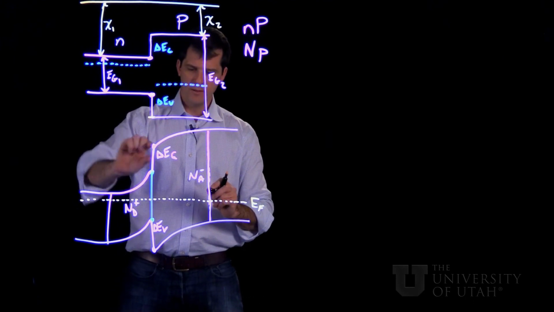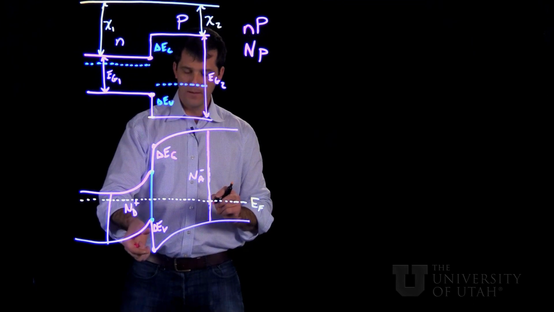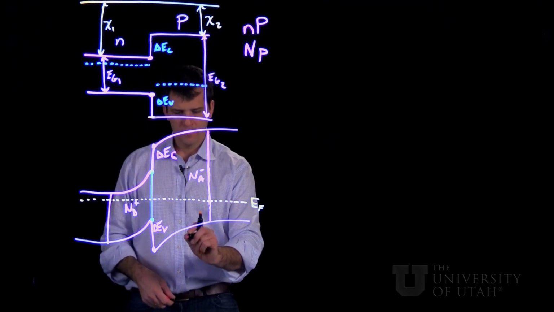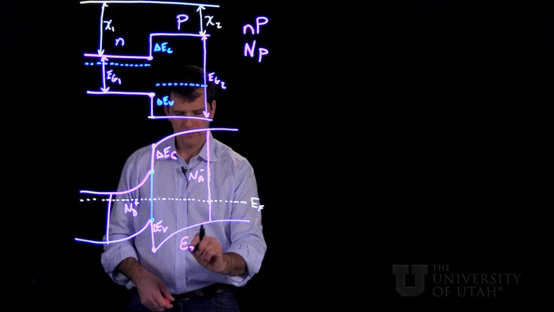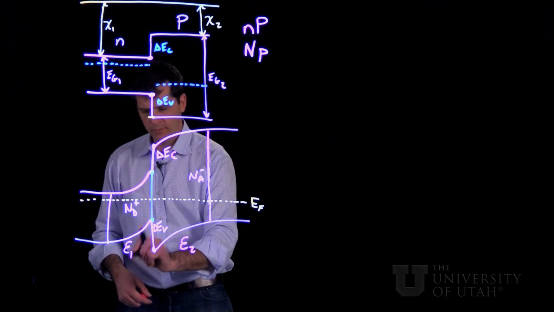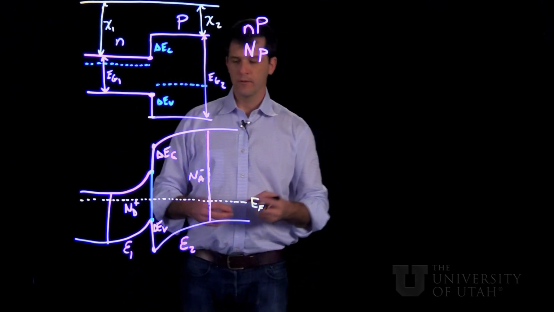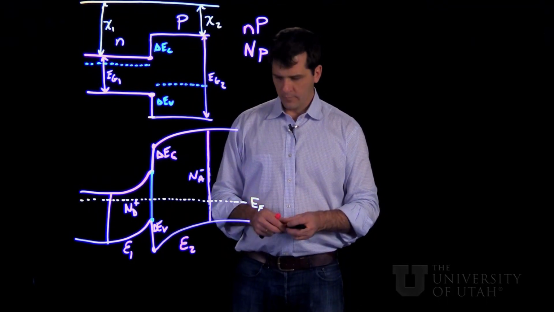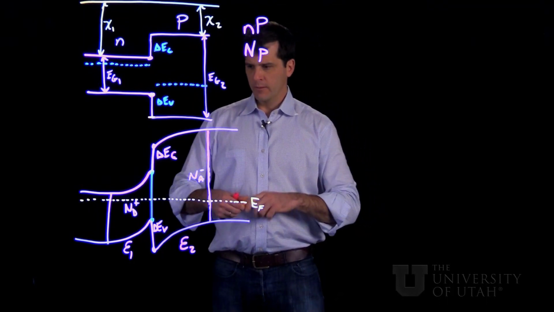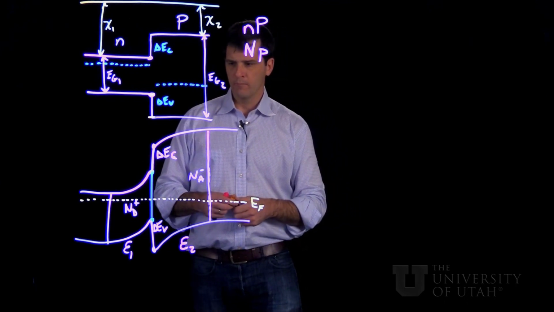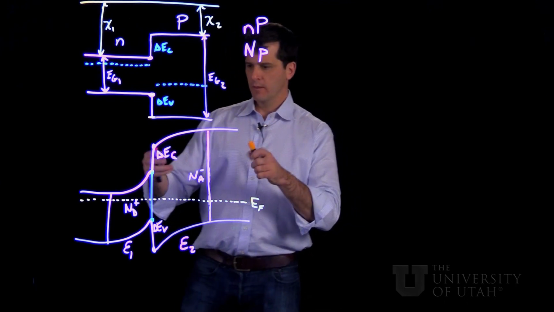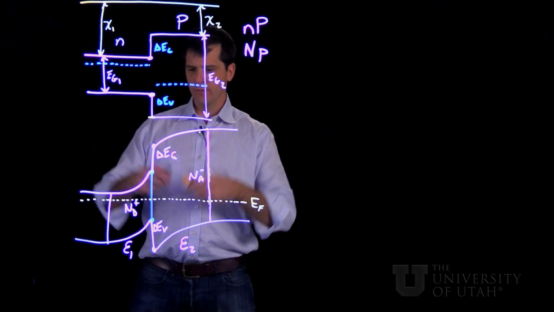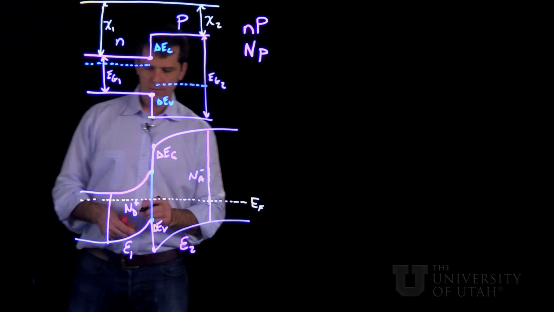So this is the conduction band offset, and this is the valence band offset. And also we have to account for the fact that the dielectric constants might be different in the two sides, as well as the doping. So what I like to do is figure out how to write equations so that you can figure out how big the band bending is, what the built-in voltage is, etc.